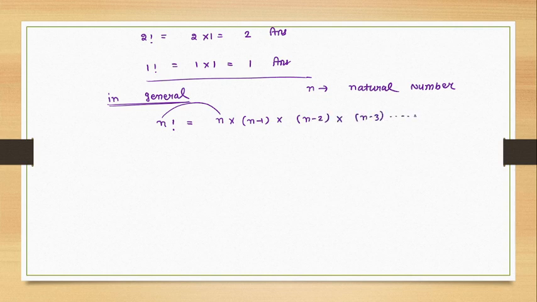You have to keep multiplying these natural numbers until you reach 1, like 5 4 3 2 1. It means you can write n factorial in this way.